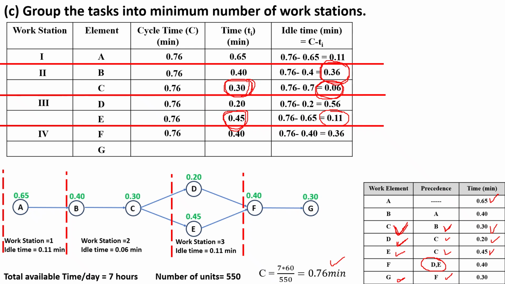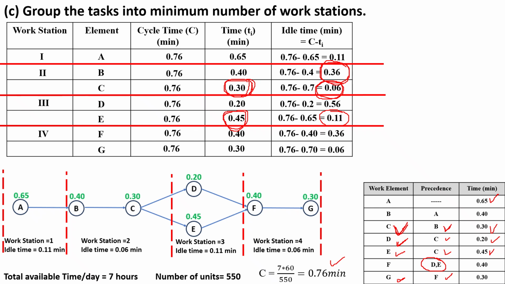Then I have to start the element G and cycle time is 0.76 and the task time for the element G is 0.3 and idle time is 0.76 minus of 0.4 plus 0.3, which is 0.76 minus 0.7, which is 0.06.